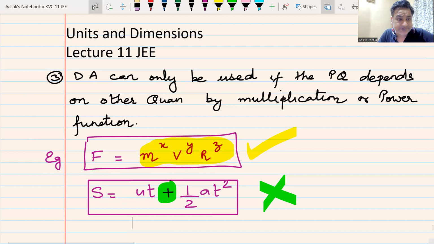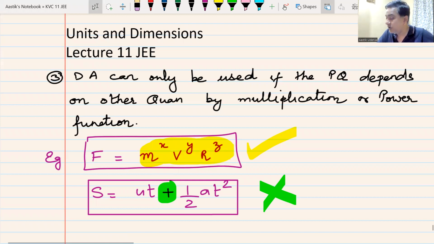Are we noting it, everyone? Have we noted this down? Can I move forward? Okay, this was limitation number 3. I hope you have noted it down.